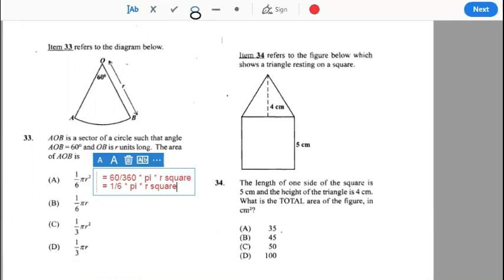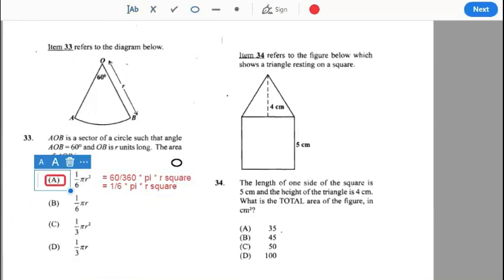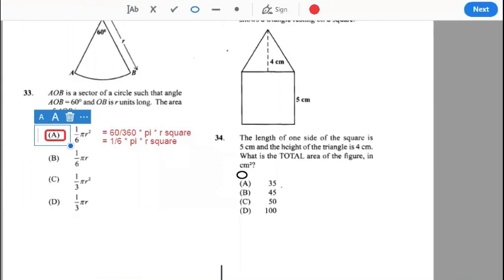Our 33 is A. The length of one side of the square is 5 centimeters and the height of the triangle is 4 centimeters. What is the total area of the figure in centimeters squared? So as you can realize, there are 2 ways or more that you can work with this.